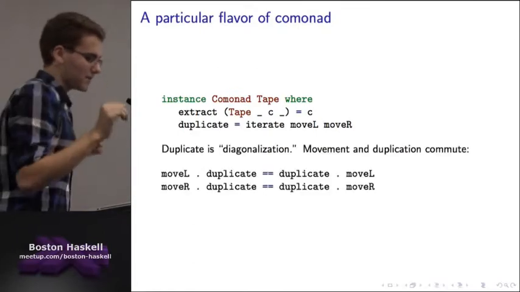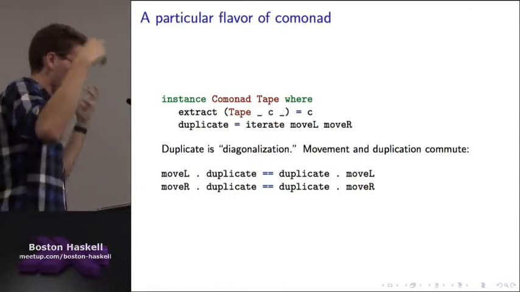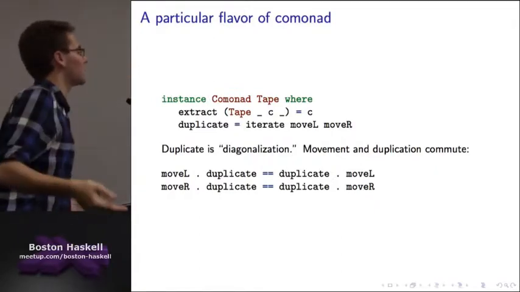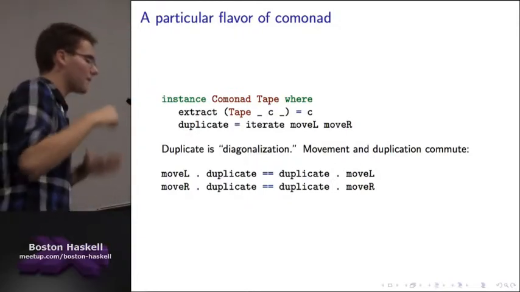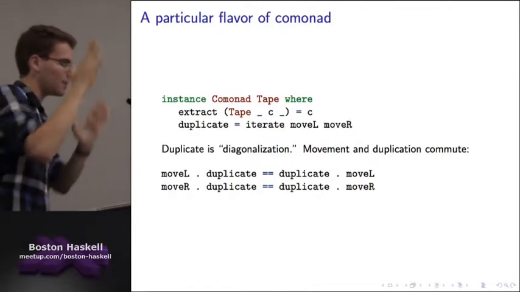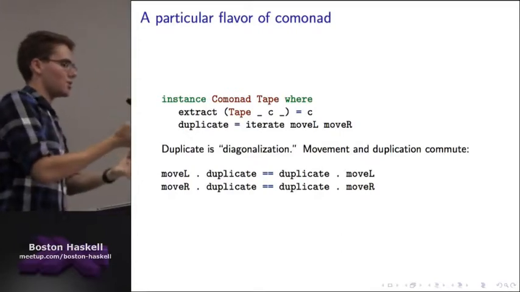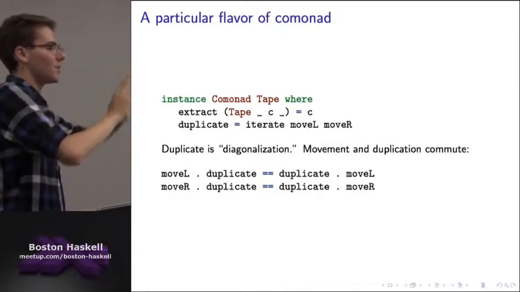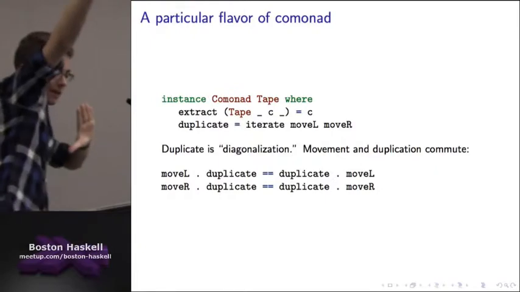And what you get is something that looks like diagonalization, because if you work it out, what follows the comonad laws, which I haven't put up here just to keep the presentation moving, is that if you duplicate a tape, what you have to have is a tape such that if I move left in the outer tape, then I extract, what I get out is a tape such that the read head has been moved left in that tape. So you end up with a space where the same value is going along a diagonal in the space.